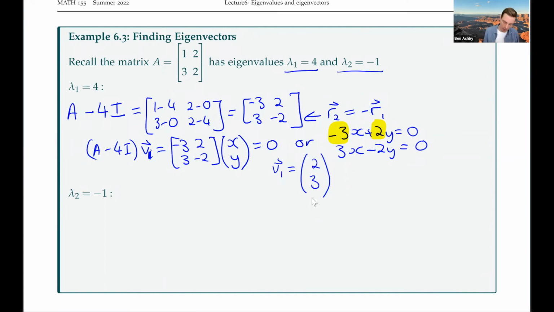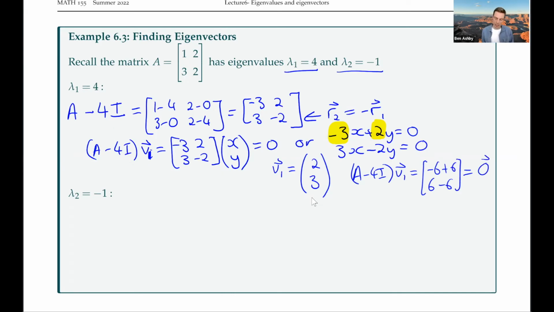Okay, so if I check this, if I do A minus lambda I, so A minus 4I, times V1, that's going to give me minus 6 plus 6, 6 minus 6, which is just equal to the 0 vector.